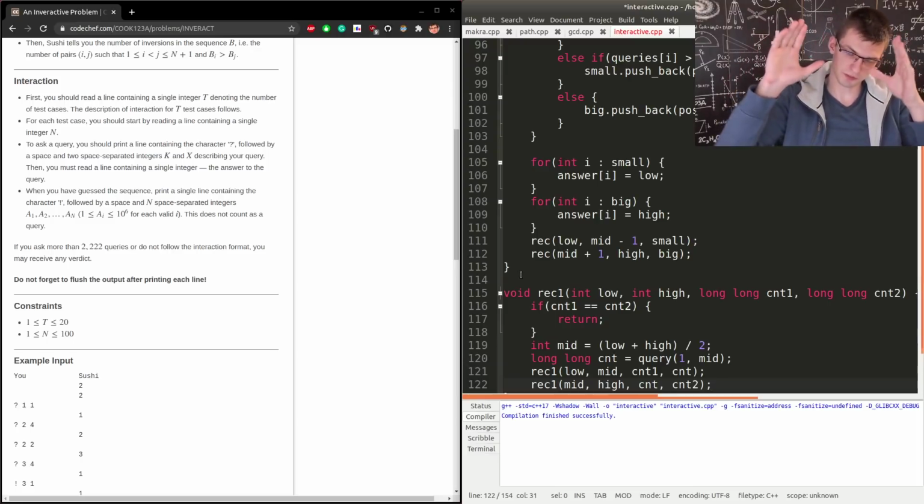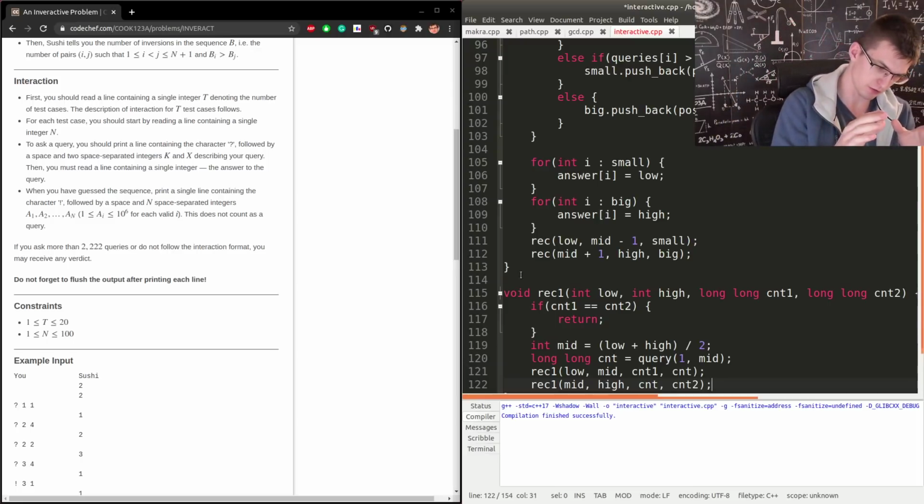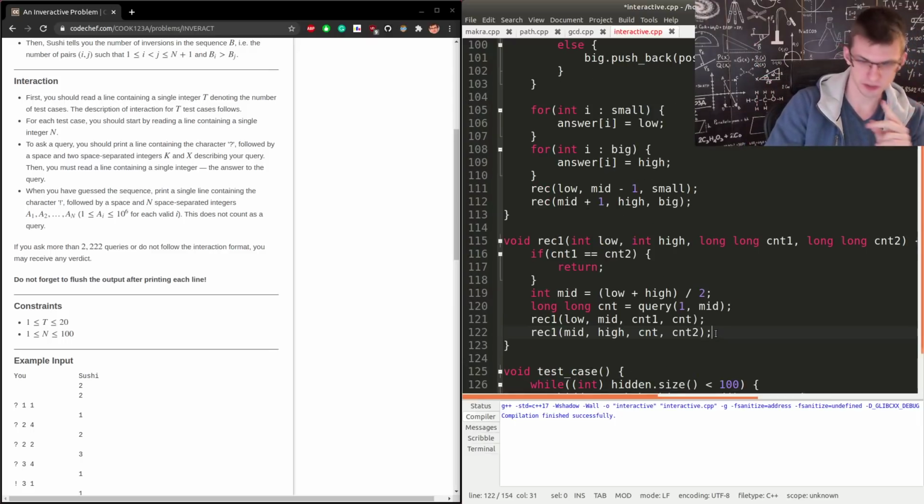This will go to some interval of values, and it will know for the first and last value what's the answer, what's the number of inversions.